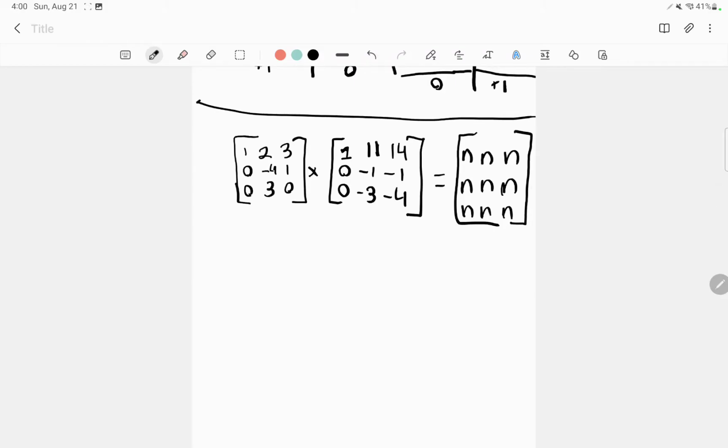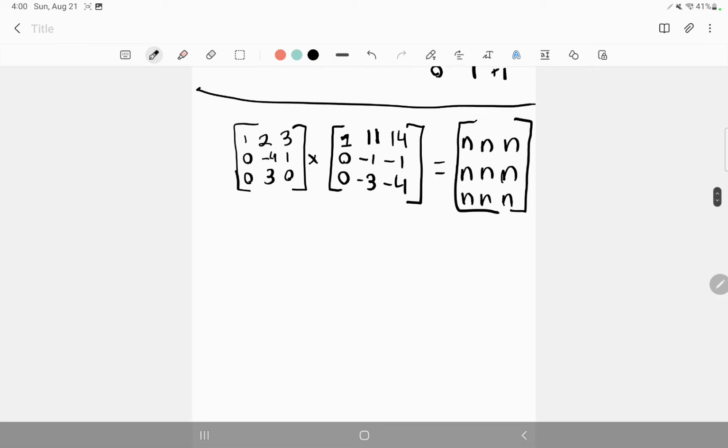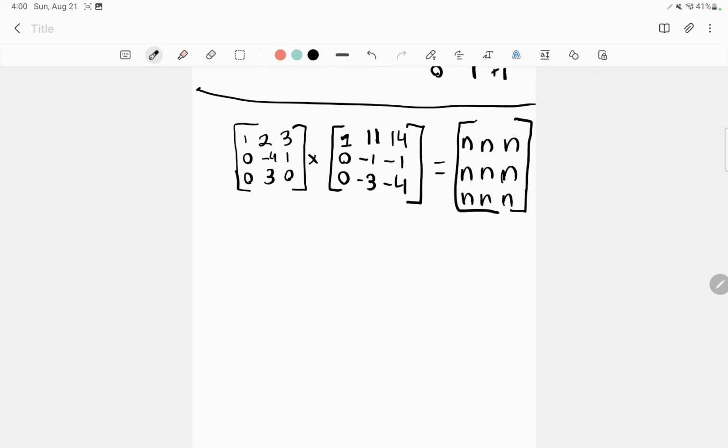I know my final answer is going to be a 3 by 3, because everything else is a 3 by 3. Now we just have to make sure that we're going to get the inverse of it, right? So let's go ahead. Like I said, you always going to go this way with the first one. With the second one, you're going to go down. So for the first one, I'm going to do 1 times 1.